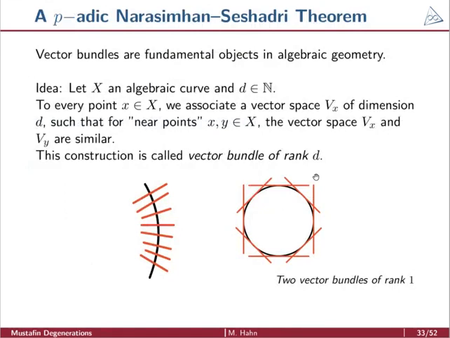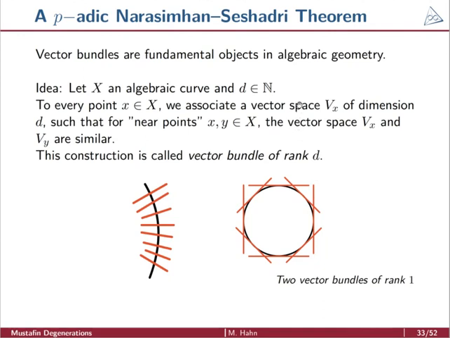So what is this about? This potential theorem that I'm going to talk about in a few seconds is about vector bundles, and vector bundles are fundamental objects in algebraic geometry. If you've never heard about vector bundles, this is one very schematic way of thinking about it.